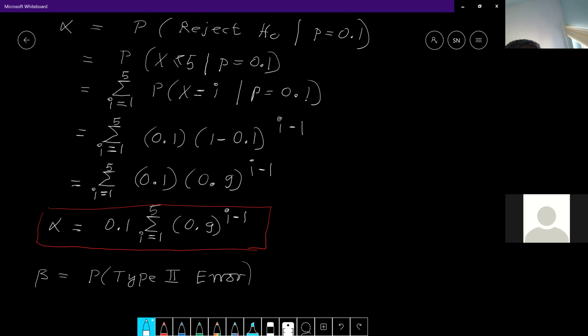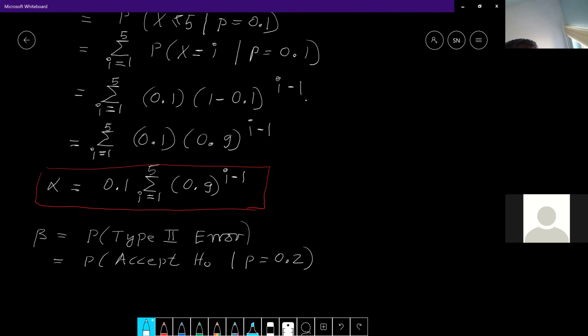It's the probability of accepting the null hypothesis when H1 is true, which is P equal to 0.2. All right, so this is the probability. Now, accepting H0 is the reverse of rejecting H0. So it's going to be the probability that X is greater than 5 given that P equal to 0.2.